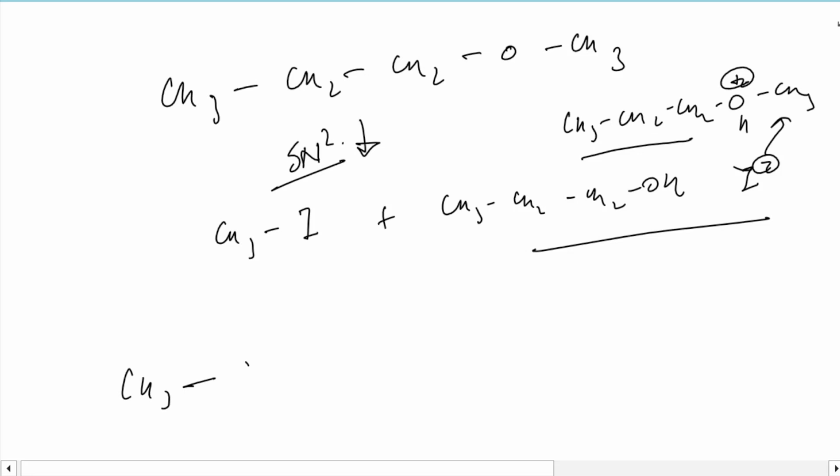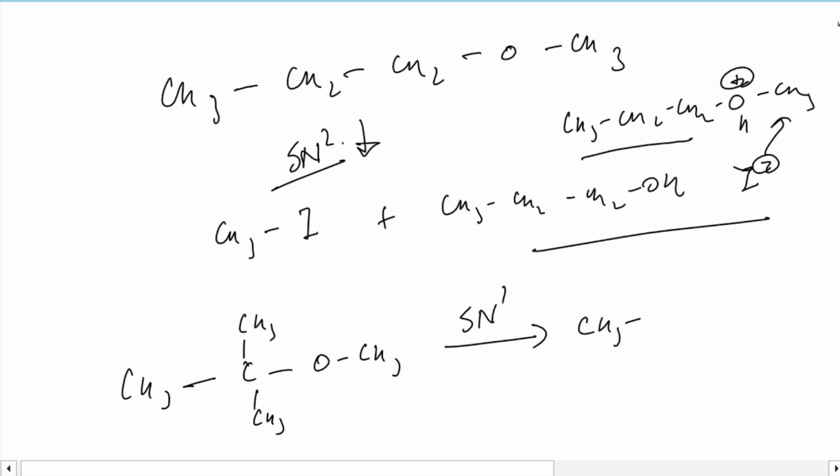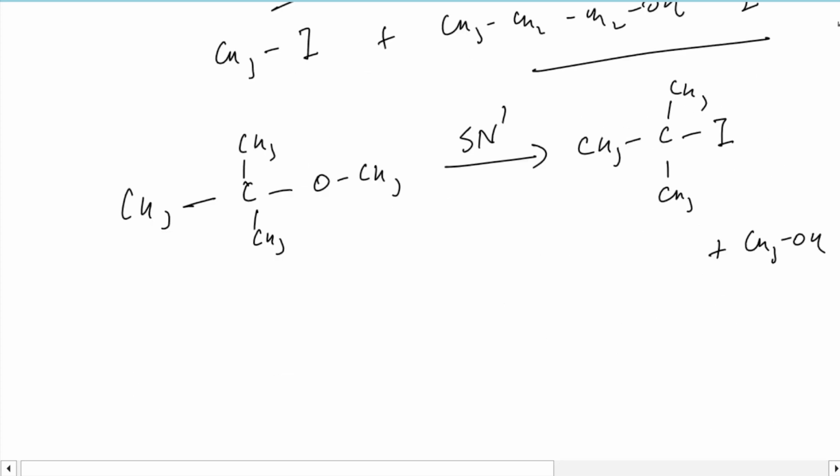This is one of the important reactions. Next to this, for example, tert-butyl methyl ether. If it's this, then it will proceed by SN1 and the products formed are CH3C(CH3)2I plus CH3OH. I hope you are getting it.